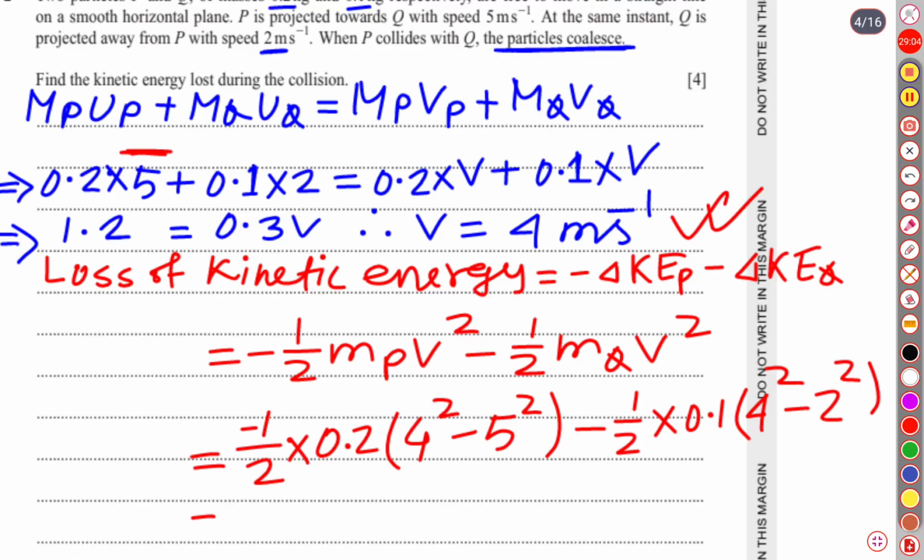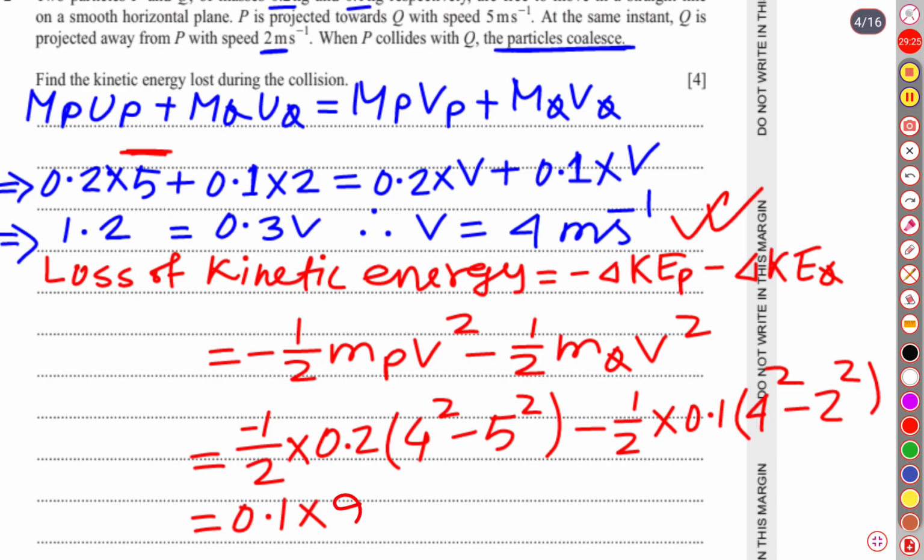Well, then let us calculate this. Look at this. 5 squared means 25. From 25, if we subtract 16, it is going to be 9. And if we divide 0.2 by 2, it is going to be 0.1. 0.1 into 16 minus 25 means minus 9.